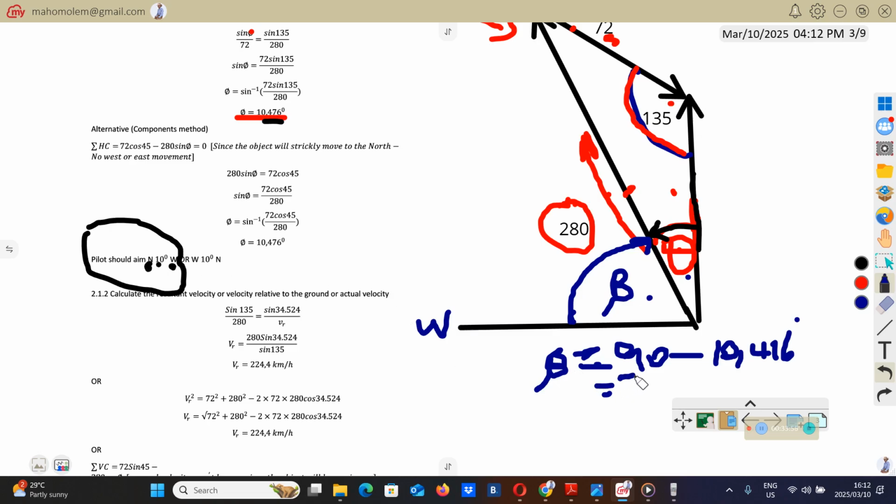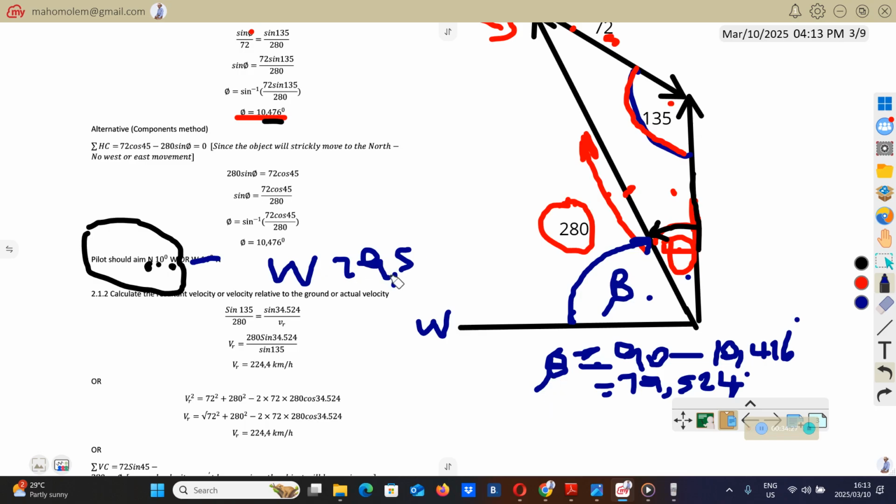Okay, 79.524. So if you want to measure from west, then we're going to have west. You start from west, you measure an angle of 79.5 towards north, going up. If we were measuring from here going down, it would be south.